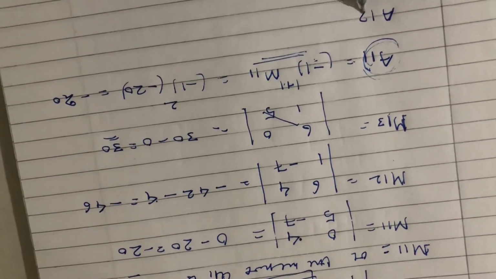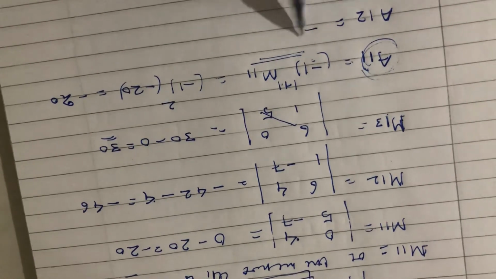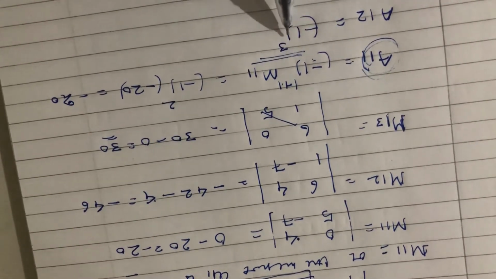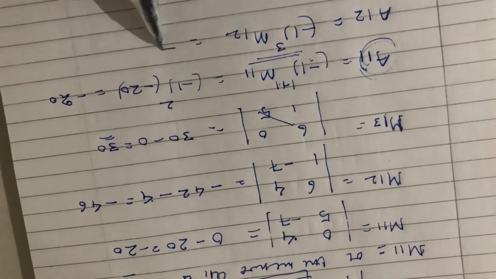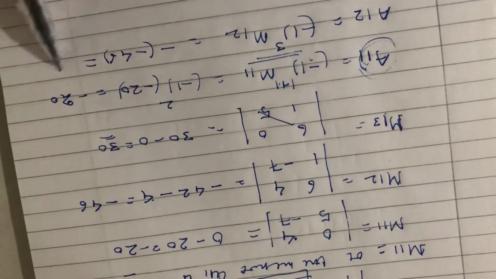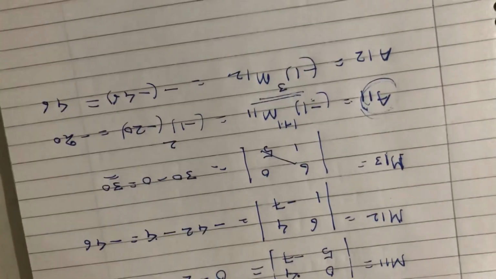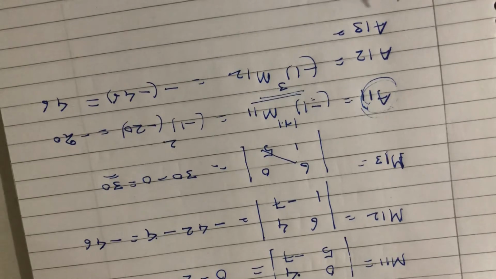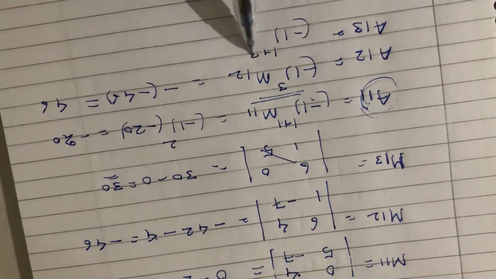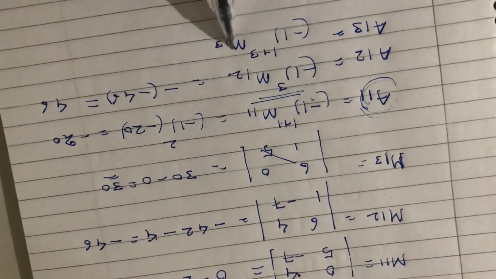Here we want the cofactor of A12. It is (-1) raised to power 1 plus 2, which is 3, times the value of M12. M12 we have as minus 46, so the result is plus 46. Then we want the cofactor A13. It is (-1) raised to power 1 plus 3 with M13.